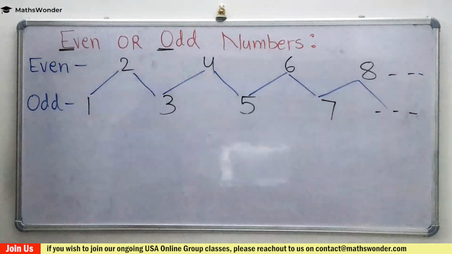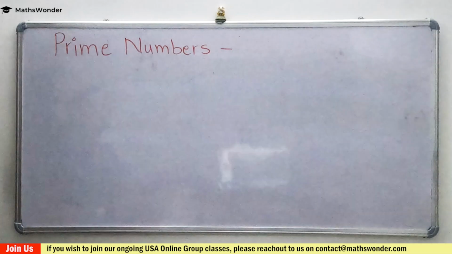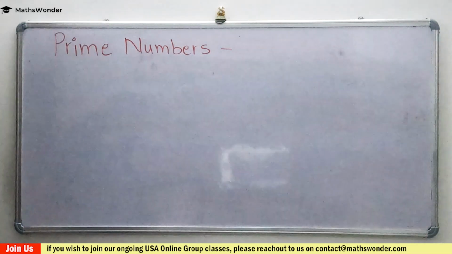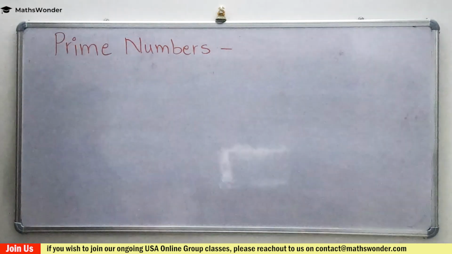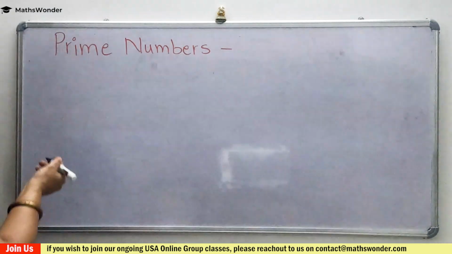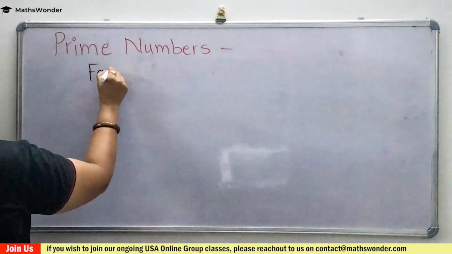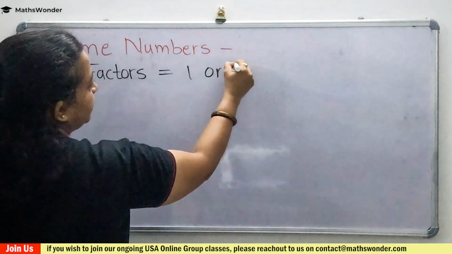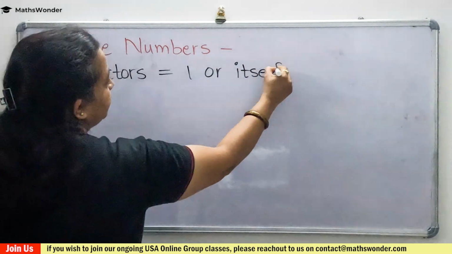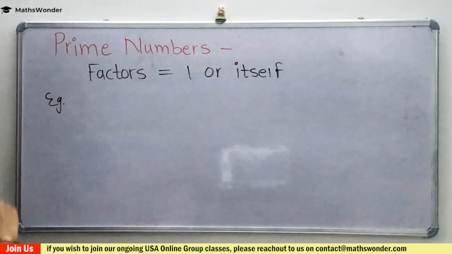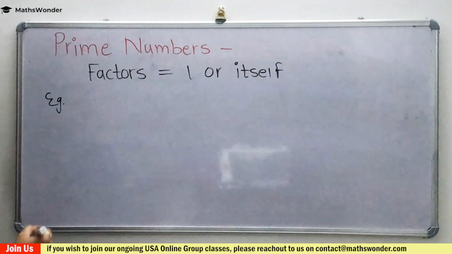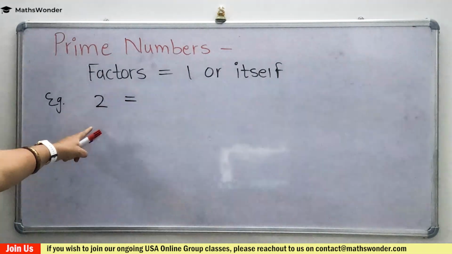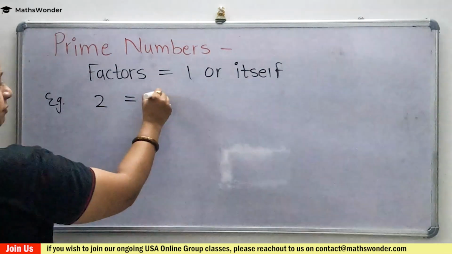Now the next is prime numbers. A prime number is a number other than 1 which has exactly 2 factors: 1 and itself. For example, for the number 2, the factors are 1 and 2.